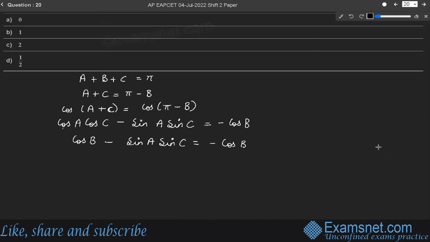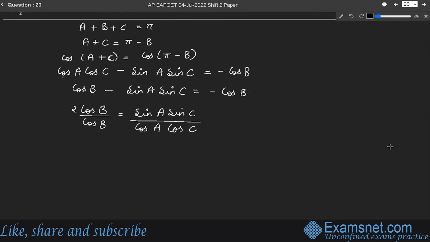So on further solving, it becomes 2 cos B upon cos B is equal to sin A into sin C divided by cos A into cos C. So this will be cancelled.